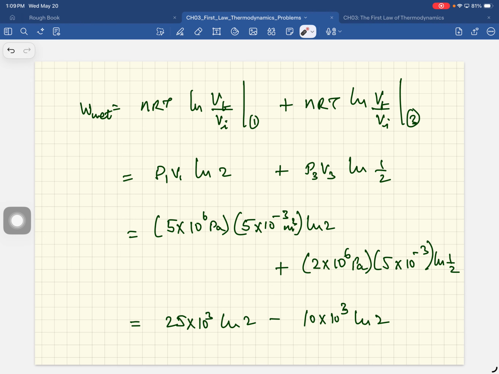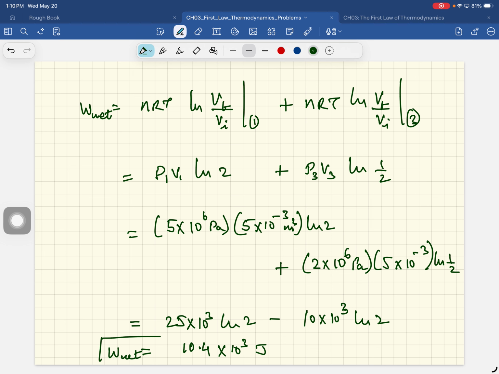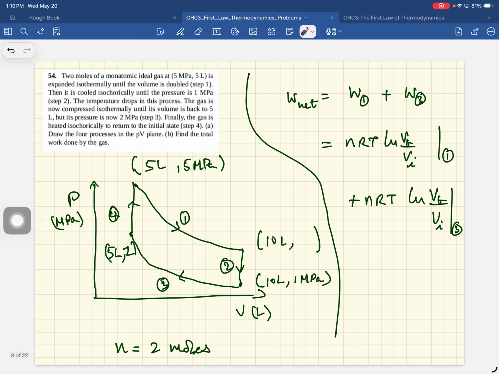So the work done is Q, 400 joules, minus 1 times 5 halves times 8.314 times 10. So 192 joules of work was done.